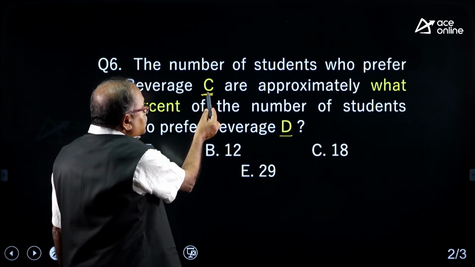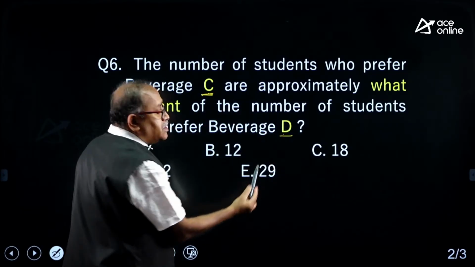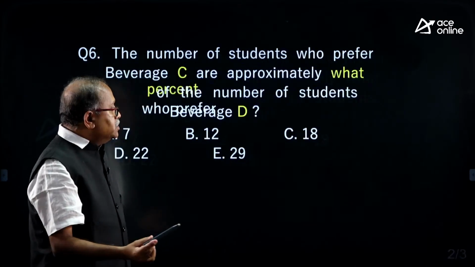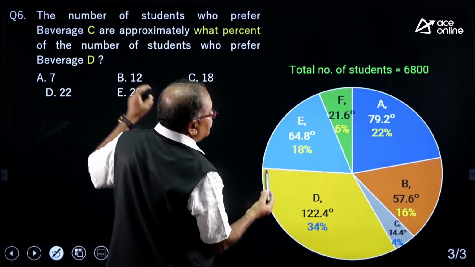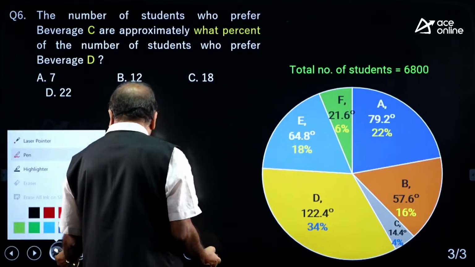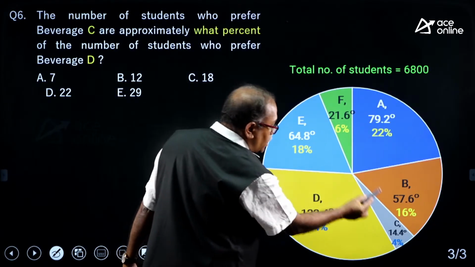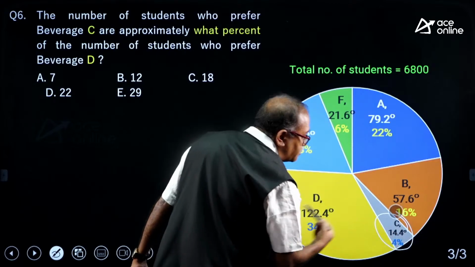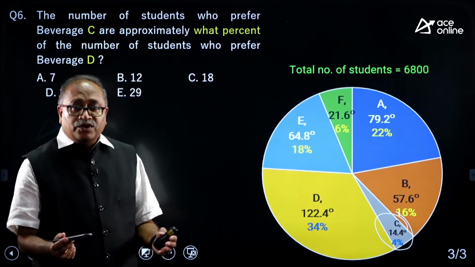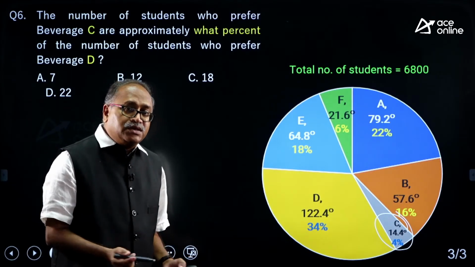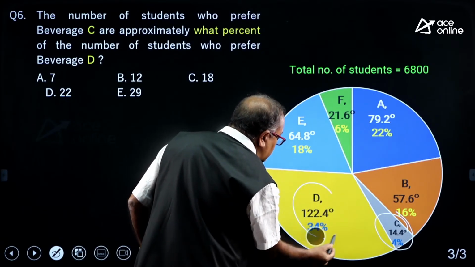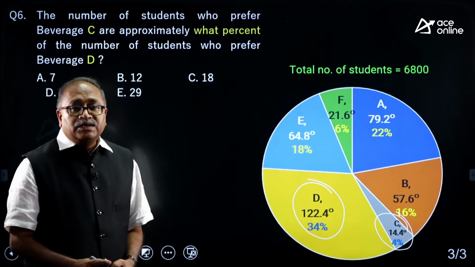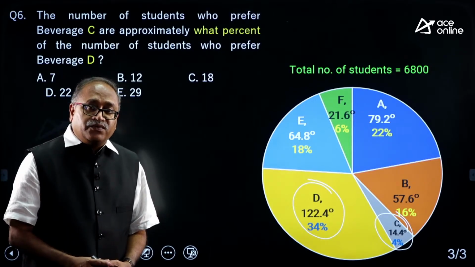So, which one is beverage C? I see that this part, in terms of angle 14.4, in terms of percentage is 4%. And this is D, in terms of percentage it is 34.